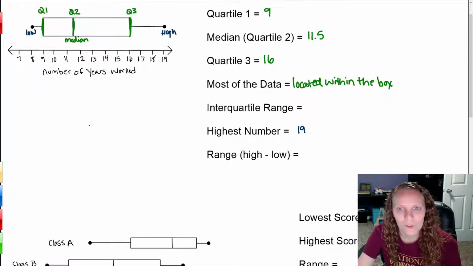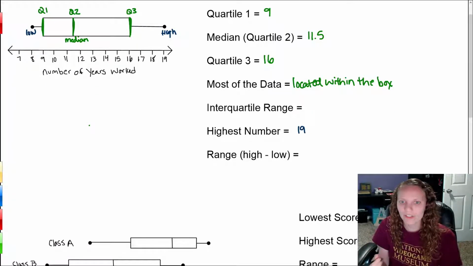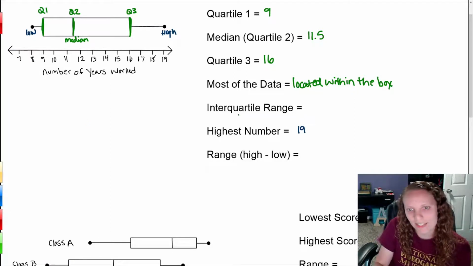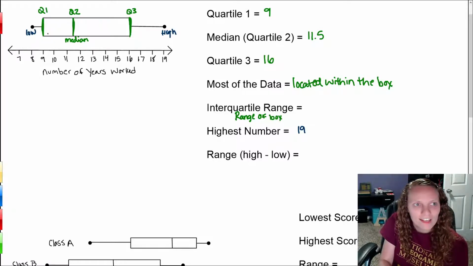Alright, interquartile range. We know range is from the lowest to the highest, but this is called the interquartile range, and basically this is the range of the box. So we need to find the range of this entire box from quartile 1 to quartile 3.